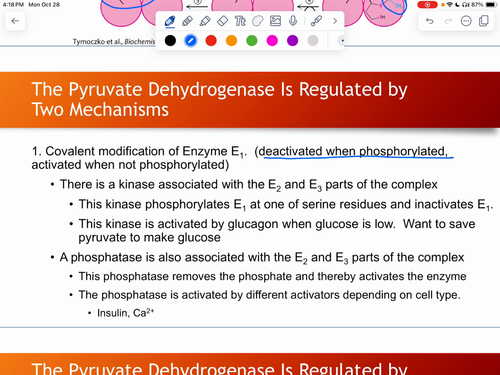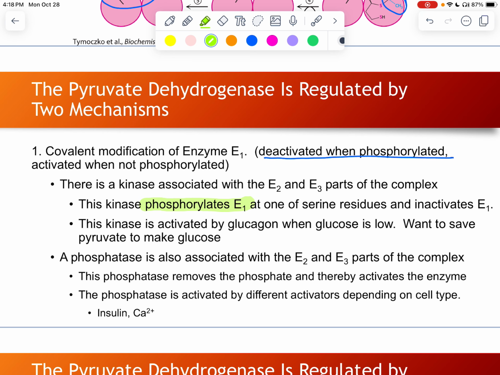So there is a kinase specifically associated with the E2 and E3 parts of the complex, and it will phosphorylate enzyme 1 to deactivate it.